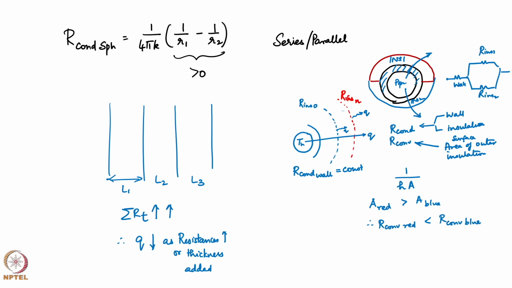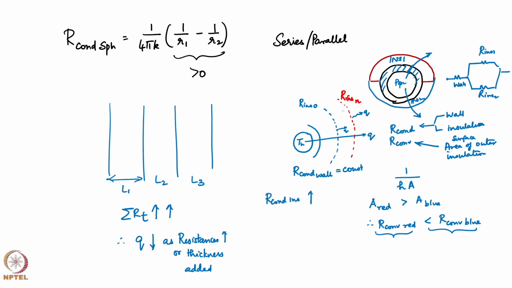What? As I increase my insulation thickness, the convective heat transfer area goes on increasing. Okay, the surface area available for heat transfer goes on increasing, therefore, resistance to convective heat transfer decreases. R conduction through insulation increases.